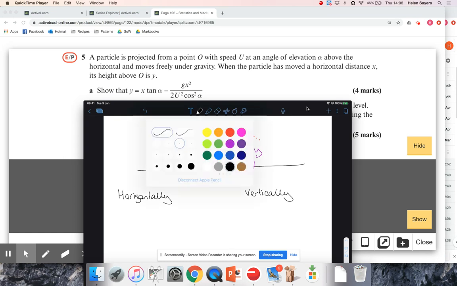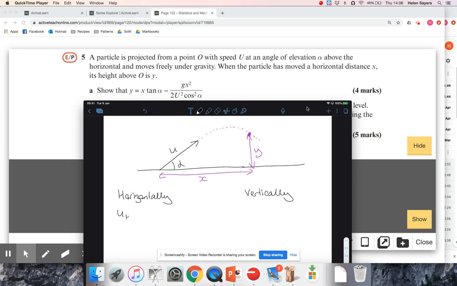Its initial velocity in that direction is adjacent to alpha, so that's going to be capital U cos alpha. Its initial velocity vertically, might as well do that whilst we're thinking about this, is opposite angle alpha, so that's going to be capital U sin alpha.